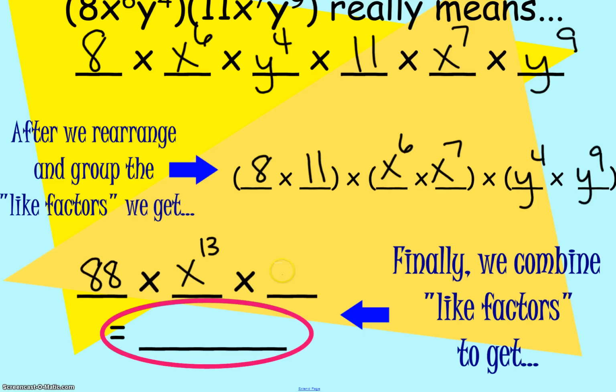And then we have y fourth times y to the ninth, which would be y to the 13th. So our final answer should be 88 x to the 13th, y to the 13th. Make sure that example is also written in your ISN.